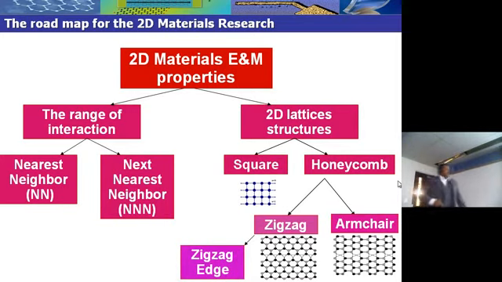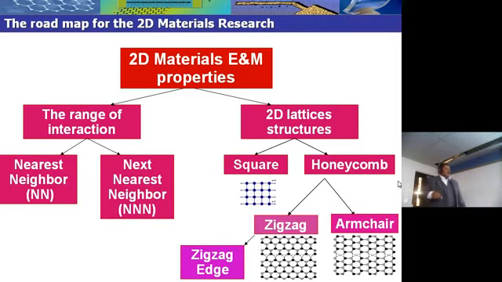So in our first presentation, we have the results of nearest neighbor with square lattice, nearest neighbor with honeycomb, zigzag and armchair, and we have studied the zigzag edge.